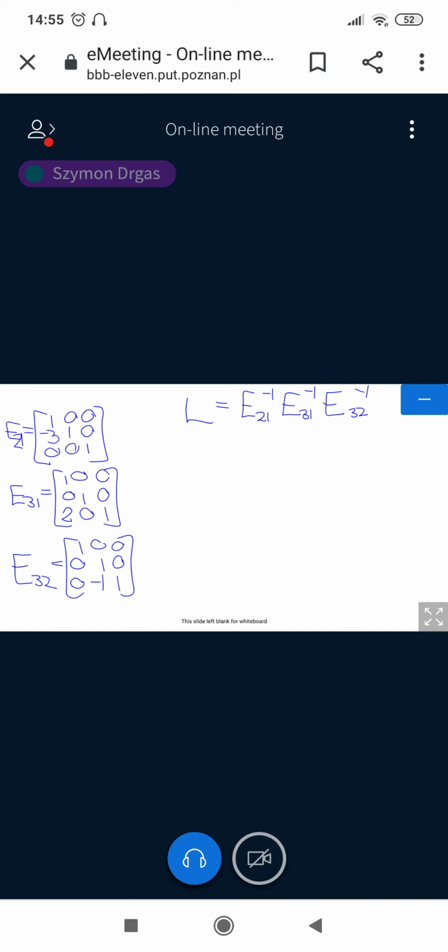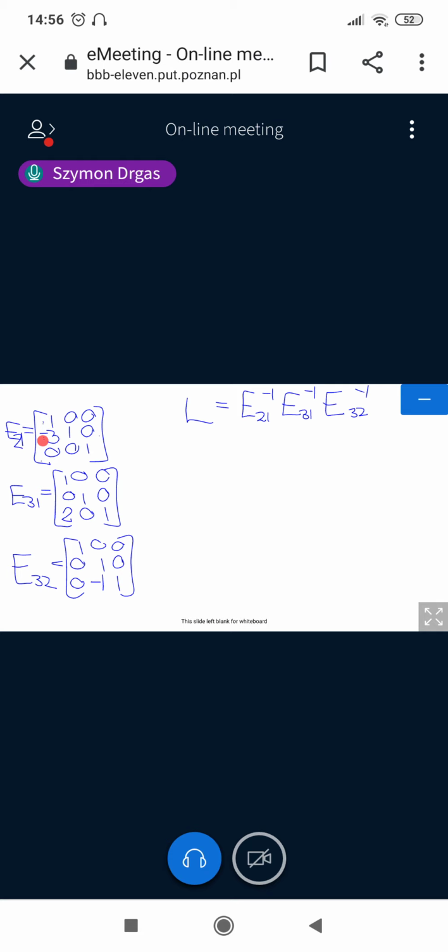First of all, it is relatively easy to find the inverses of elimination matrices, because we've already mentioned today that this matrix subtracts the first row multiplied by 3 from the second row.